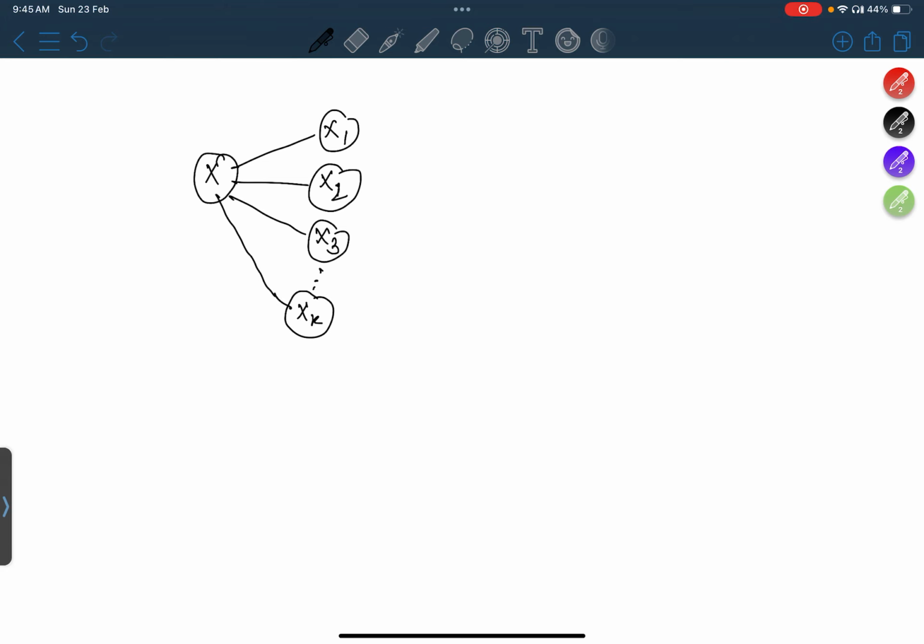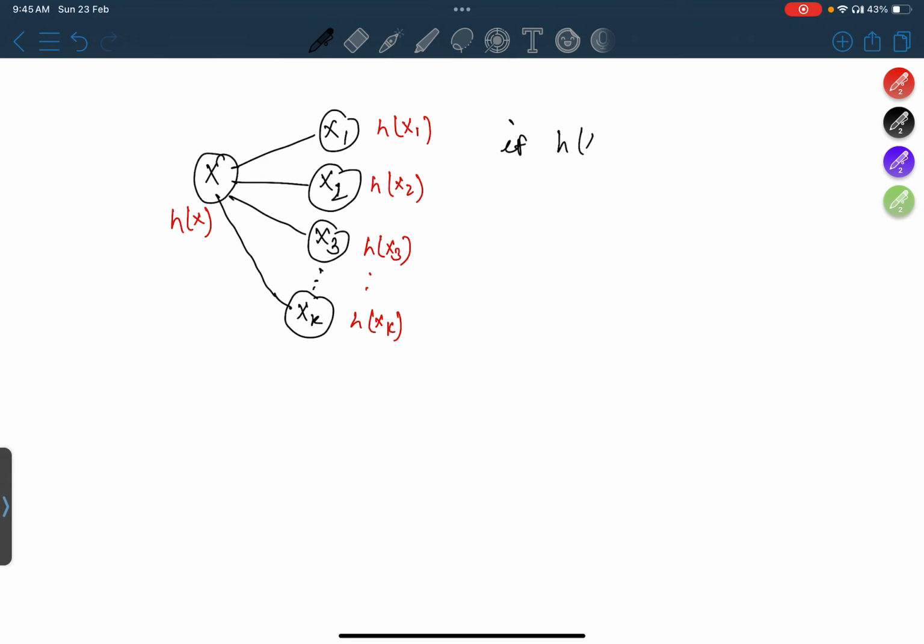So for these k successors, there could be a scenario where h of x is less than h of x1, h of x2, h of x3, and so on.